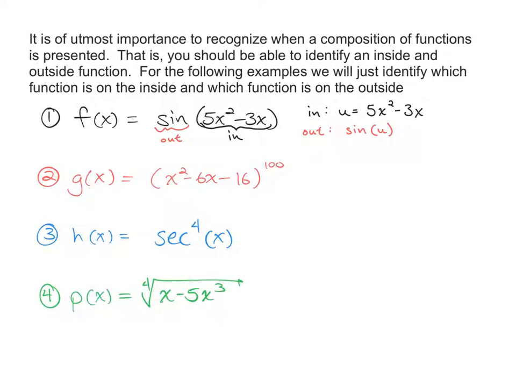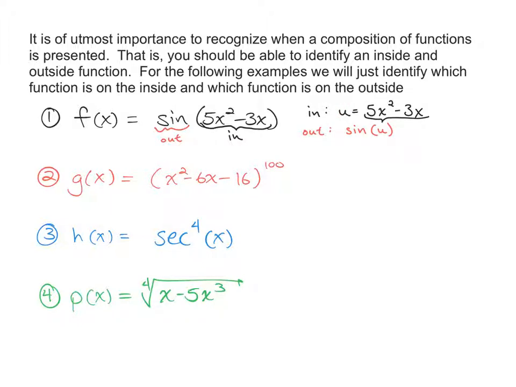And this makes sense, and this is how I'm going to explain the rest of these three examples down here: if you make this substitution for u, that is, if you put this in here, you'll end up with what you started with over here, sine of 5x squared minus 3x. All right, so there's the inside and the outside. We set the inside function equal to u.